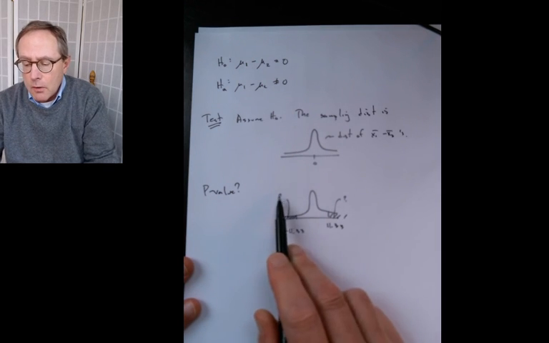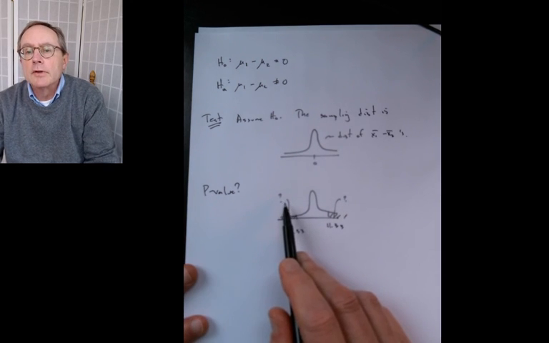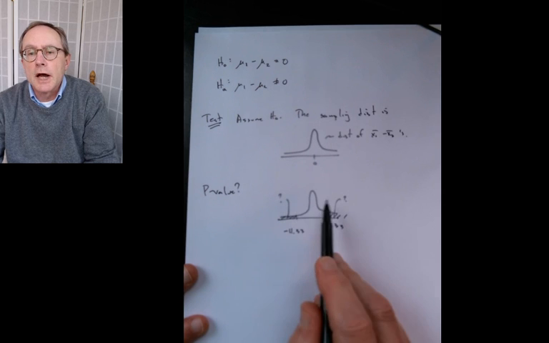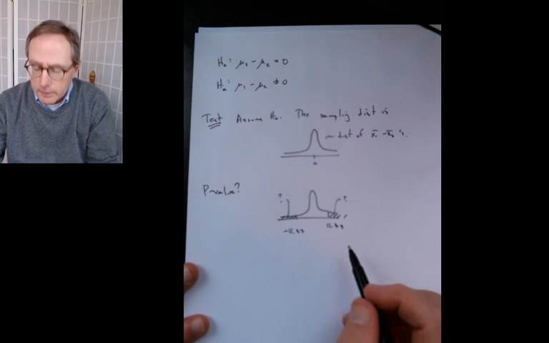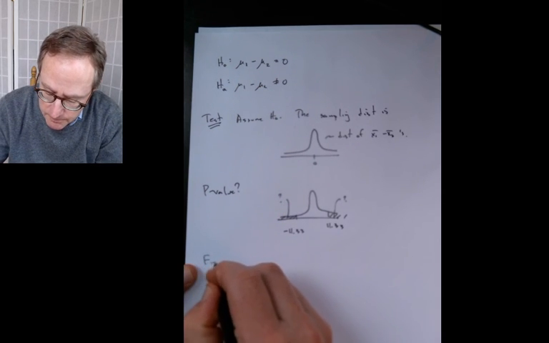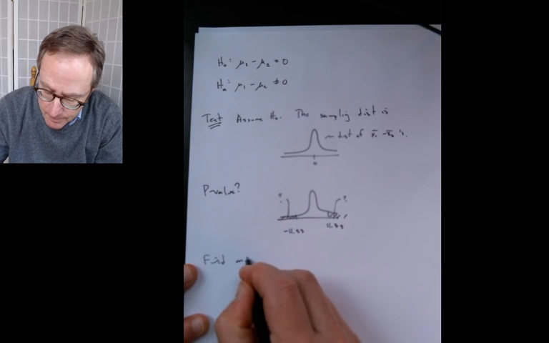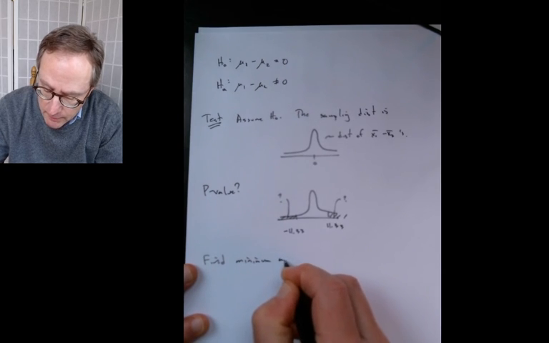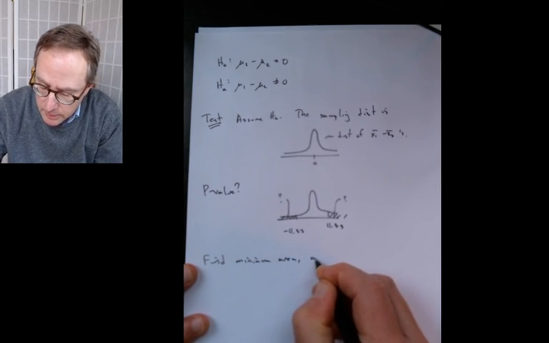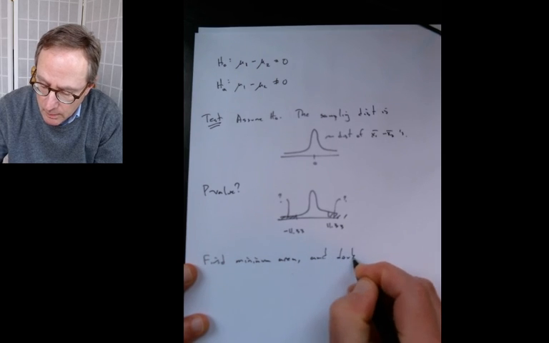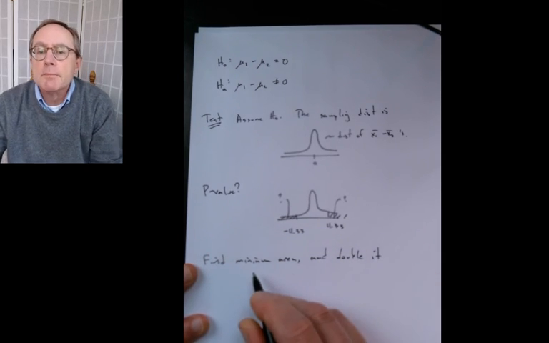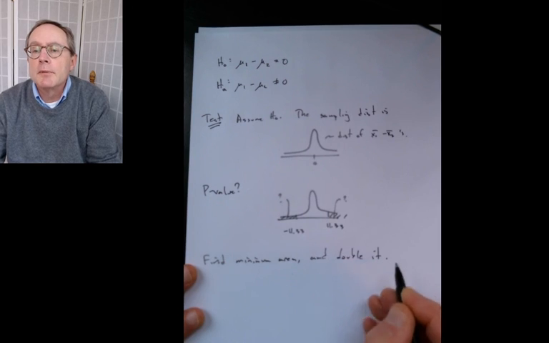The calculation here is to find the minimum of those two areas and double it. Find the minimum area and double it, and that'll be the p-value.